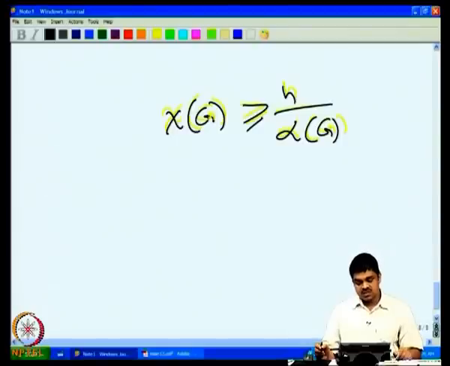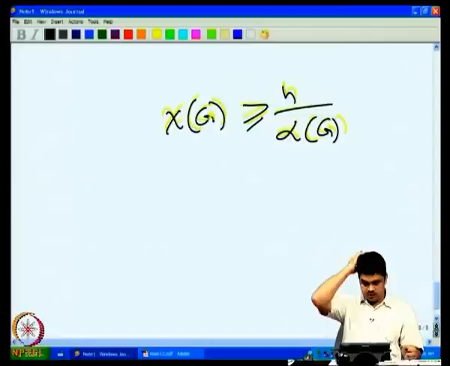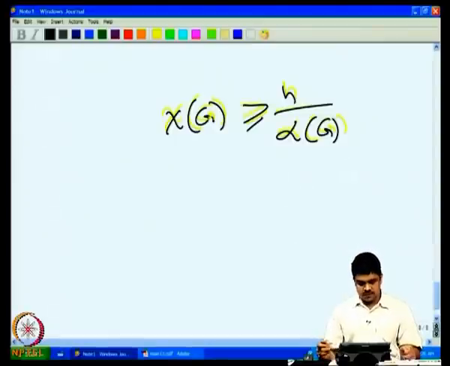One color class contains only alpha of G vertices, but there are n vertices, so we should get at least so many colors. That is what we can tell about the relation between independent sets, the chromatic number and the number of vertices in the graph.